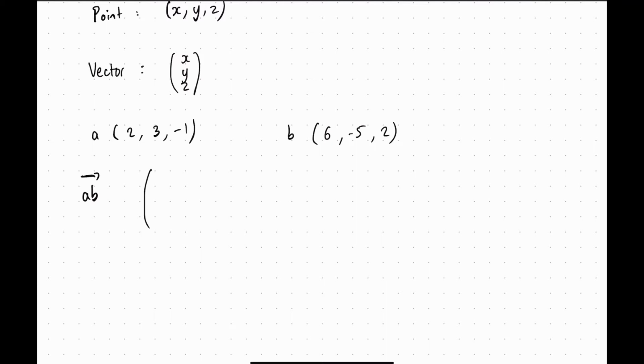Find the difference. What was that? B minus A. That's it. So if you want the vector A to B, the formula for that is B minus A. The second letter, take away the first letter.